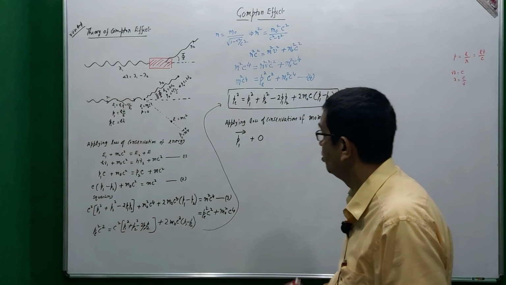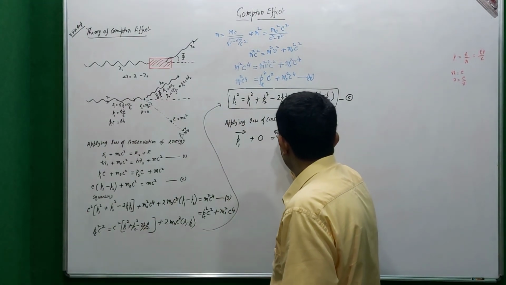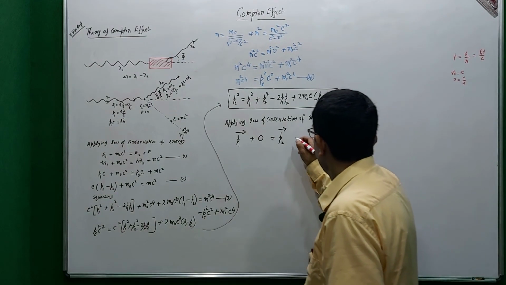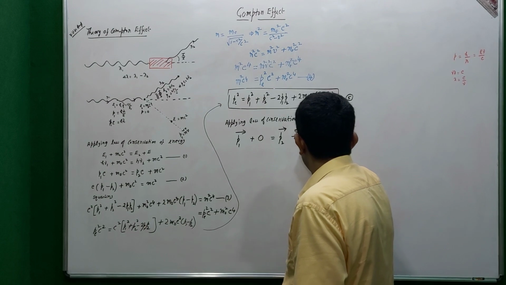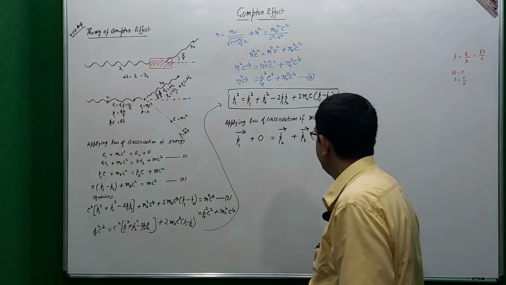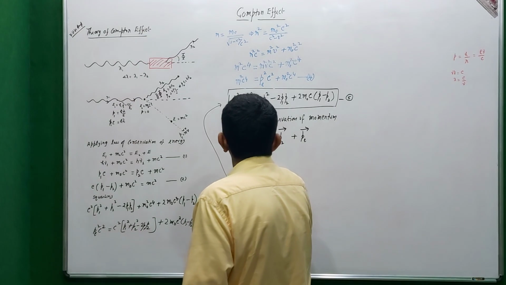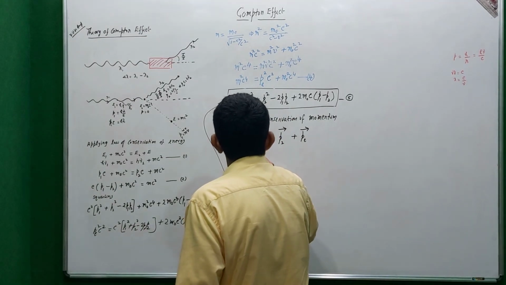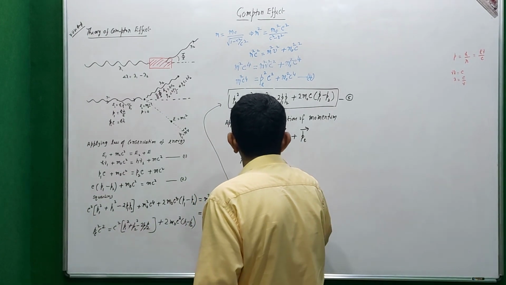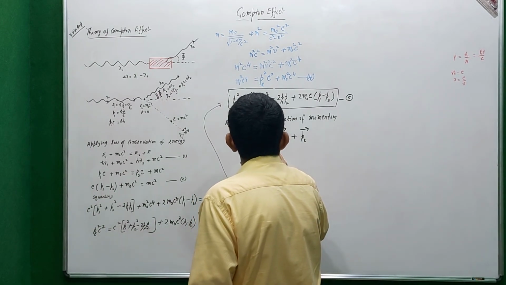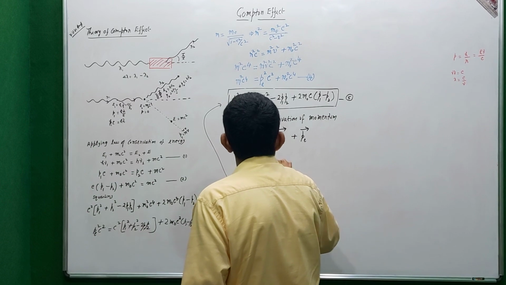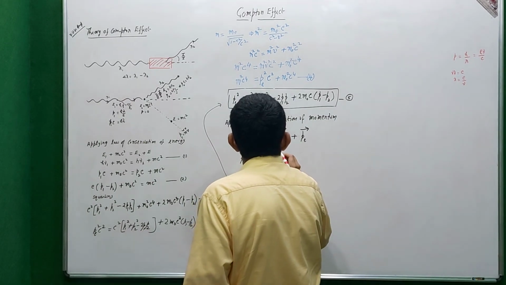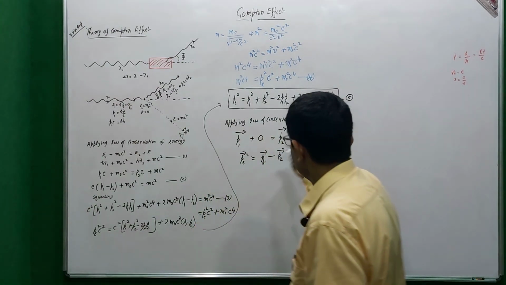Therefore, it is 0. What is the momentum of the scattered photon? That we have written as P2. What is the momentum of the recoiled electron? That we have written as P. So we can write this as P equal to P1 minus P2. Now let us square this.